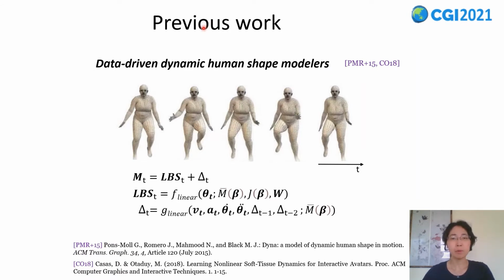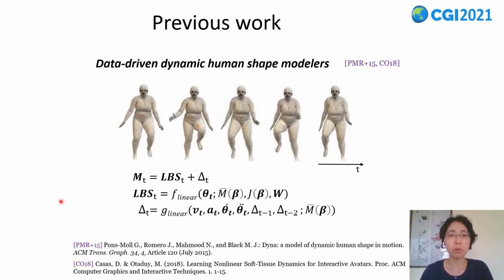Despite these efforts that can achieve realistic skin deformation at static poses, little attention has been paid to capturing and learning dynamic skin or soft tissue deformations. Recent attempts to model dynamic human shapes have also deployed learning-based methods, as shown in DYNA. In that work, they model the human shape exhibiting dynamic skin deformation as a combination of a linear component and a residual one.